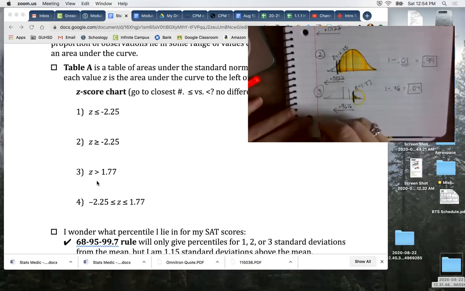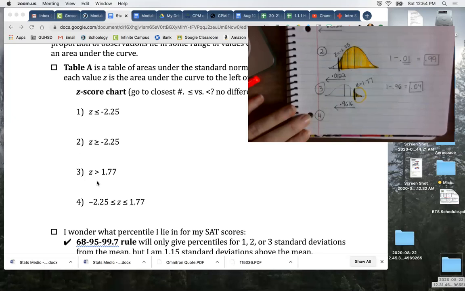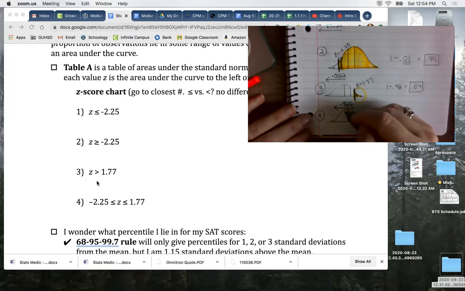The one I really want to go over is number 4, because you have an area in between. You'll notice my process is the same. You guys are always going to draw these. And in this one, they want to know what percent of people are between negative 2.25.